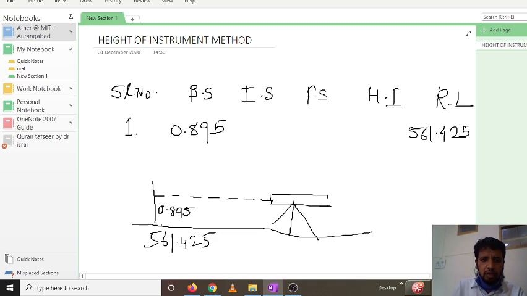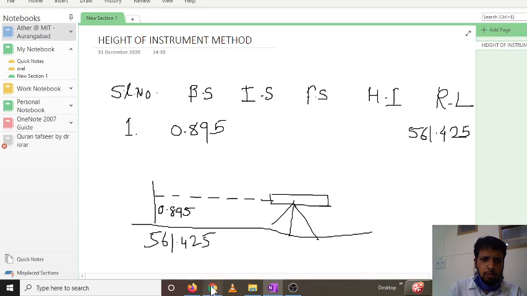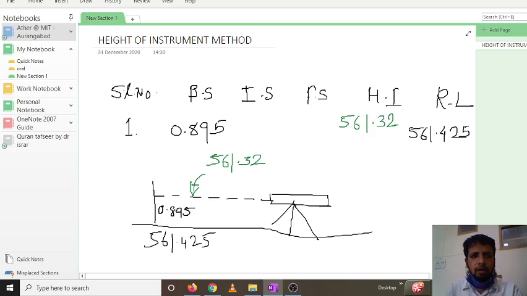So that's why the height of the instrument becomes 562.32. So I am writing here the HI as 562.32 meter, like this one. I hope that you will get this point.